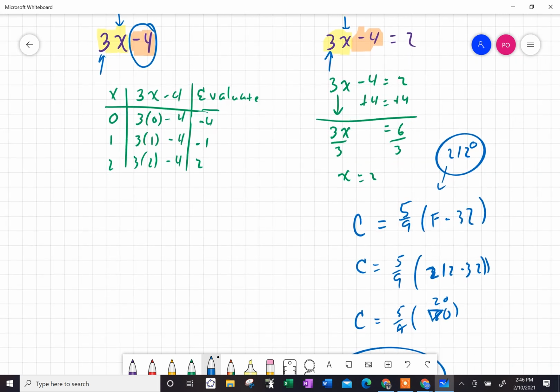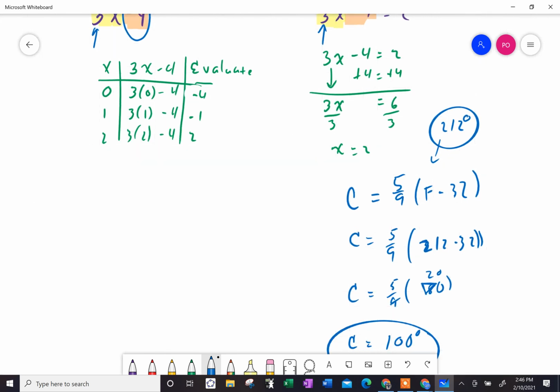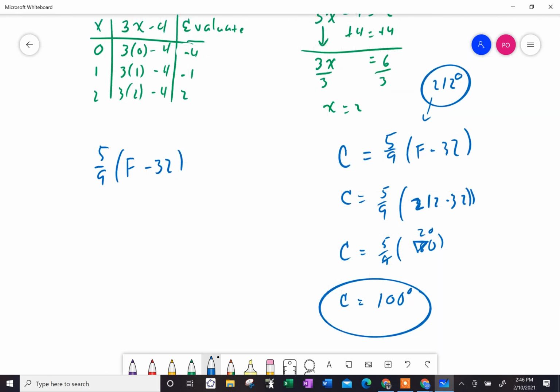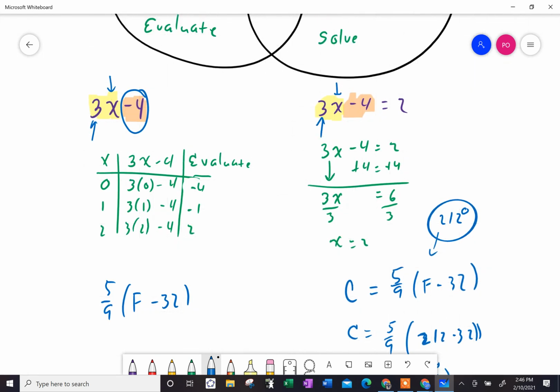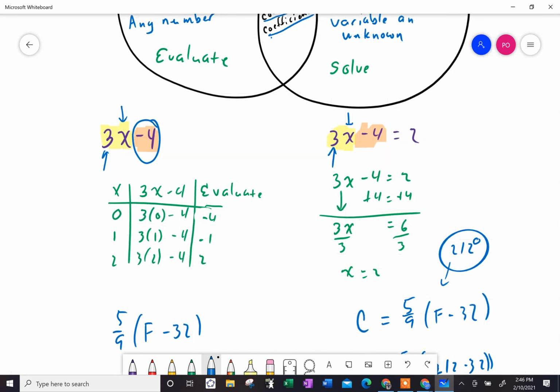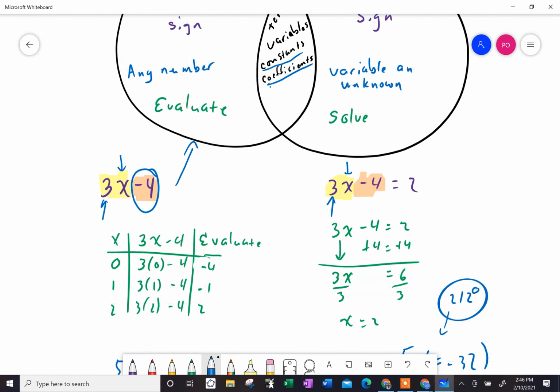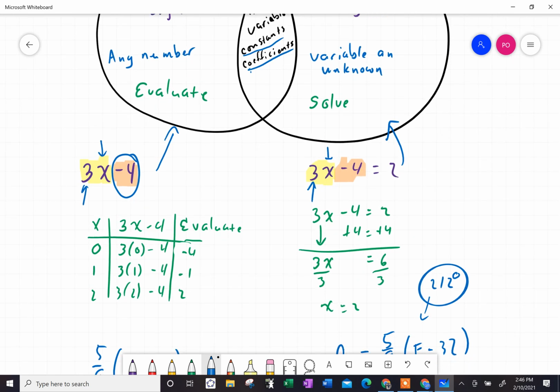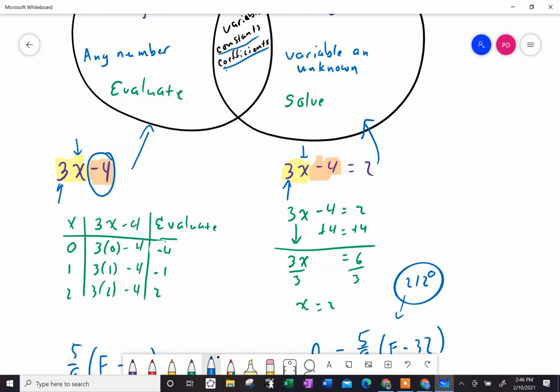But in an expression, we could just use 5/9 F minus 32 and keep on figuring out different values. So when we're talking about one variable only, we can evaluate expressions, but we solve equations. If we have two variables and two equations, if I said the sum of two numbers is 15 and the difference of the two numbers is 1, now A and B have to be some number.